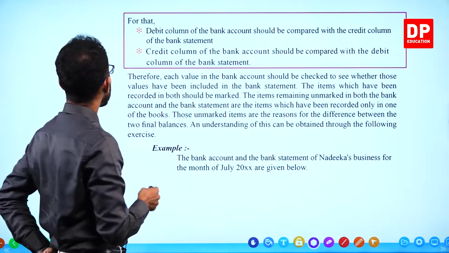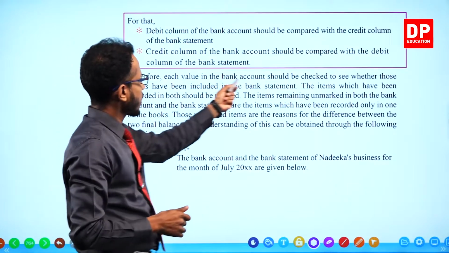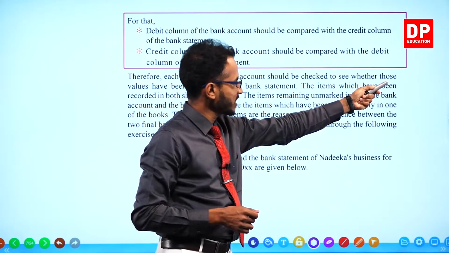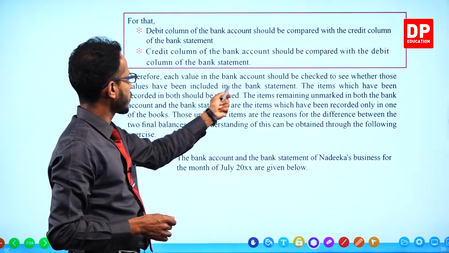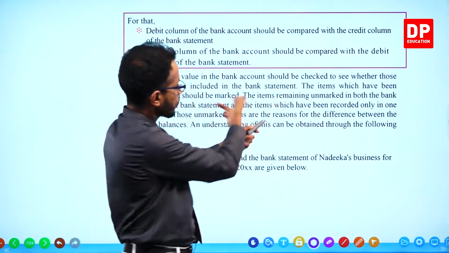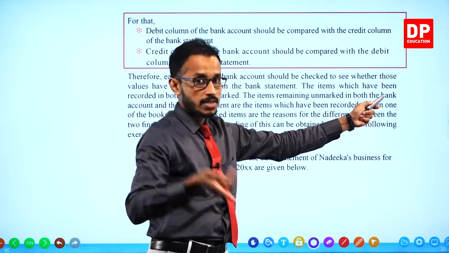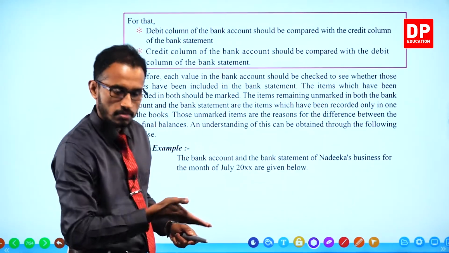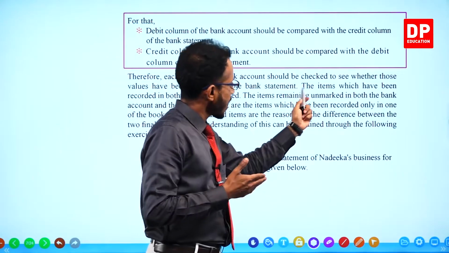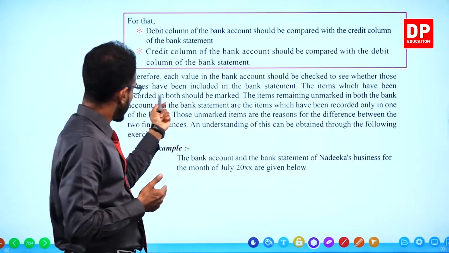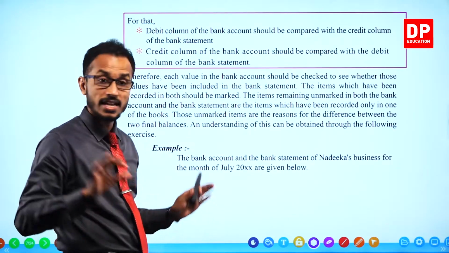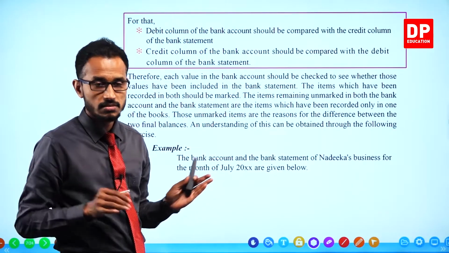Okay. Each value in the bank account should be checked to see whether it is included in the bank statement. Item by item, that's what we are going to do. Items which have been recorded in both should be marked. We can tick the items which are present.